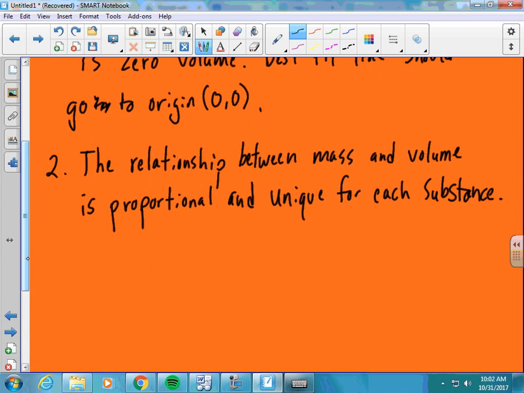All right, so the relationship between mass and volume is proportional. And it's unique for each substance.